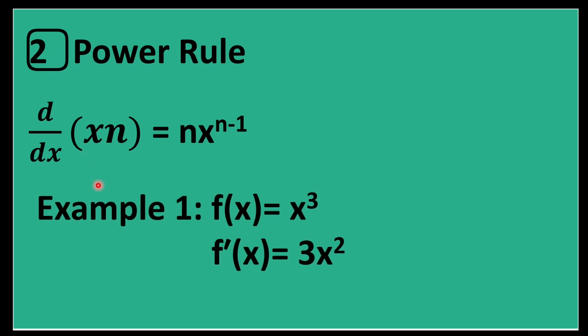For example, if we have fx equal to x cube, according to this formula, we will write this 3 in place of coefficient, and then we will subtract 1 from this. So x power 3 minus 1, which is equal to 2. So overall, the differentiation of x cube is 3x squared, and this is called power rule.